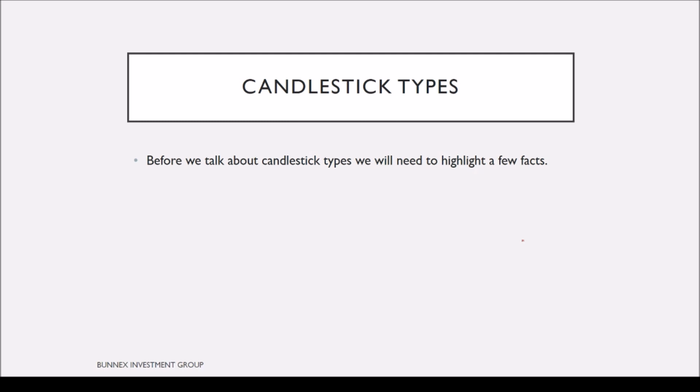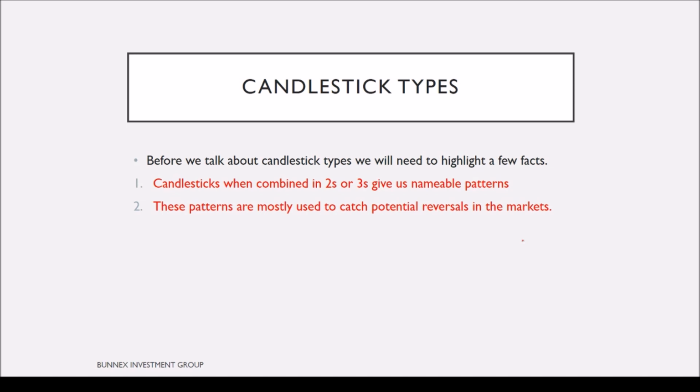So before we talk about candlestick types, we have to highlight a few facts. The first thing is that candlesticks, when combined in twos or threes, give us a nameable pattern. These patterns are mostly used to catch potential reversals within the market.